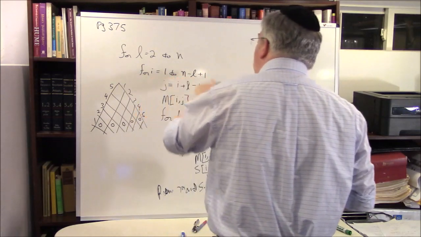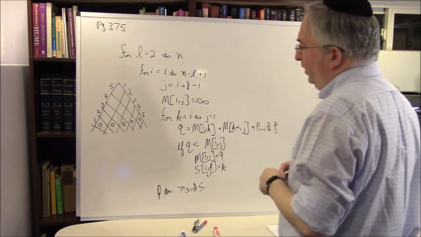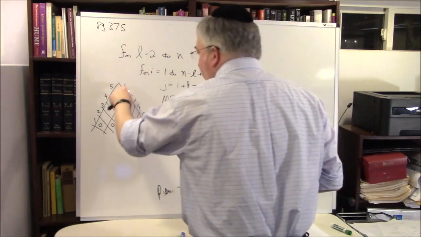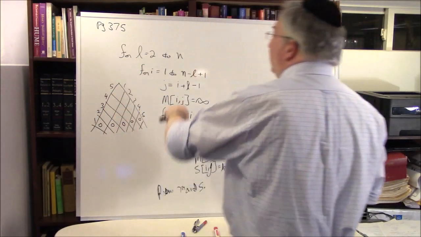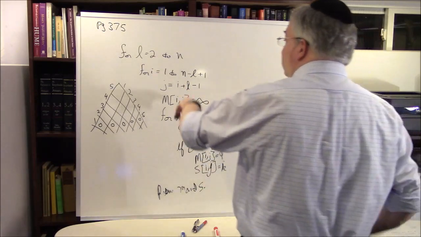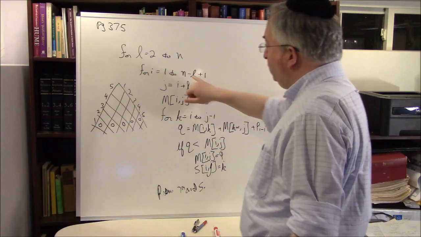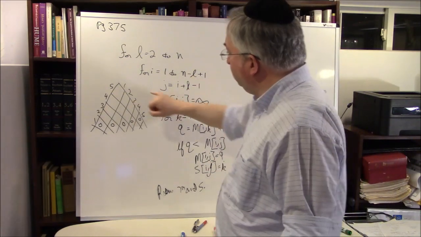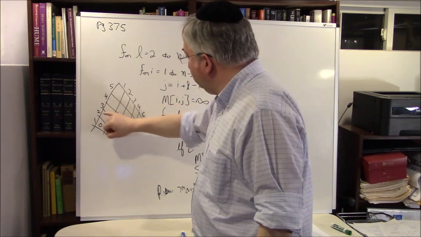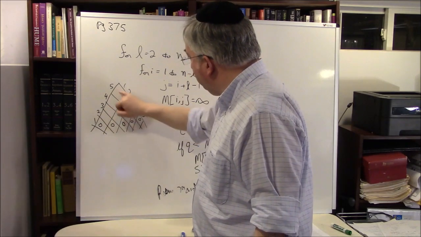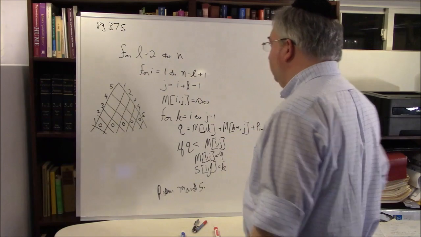Now we have as follows. For i is equal to 1 to n minus L plus 1. So this tells you what the ith place is. So start at 1, and this is going to tell you how far it is. Go till n, but stop a little earlier because you're not going to go all the way. So let's just do the first one. You're going to do 1, 2, then 2, 3, then 3, 4, and 4, 5. Okay, good.